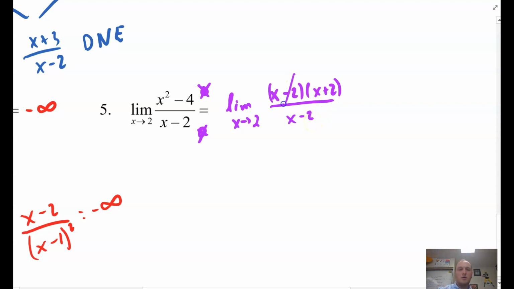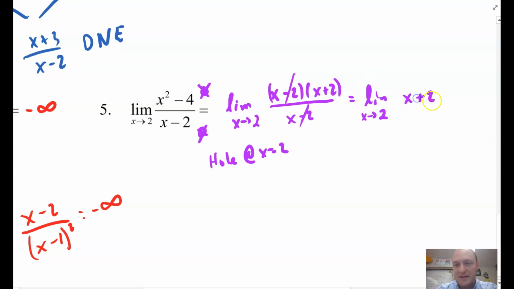Our x minus 2 terms cancel, and what we get is a hole at x equals 2. So this is equal to the limit as x approaches 2 of x plus 2, and when we plug this in, we obviously get 4.